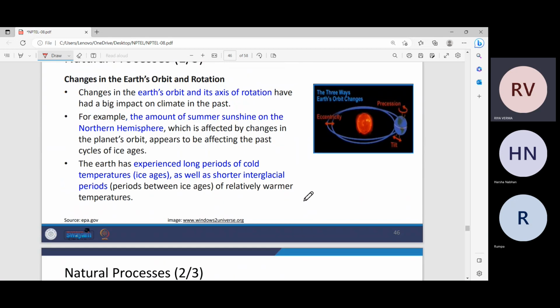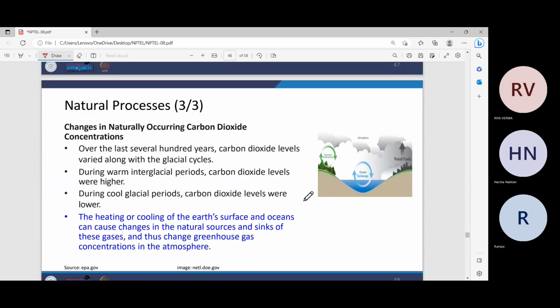On the contrary, consider the changes in the naturally occurring carbon dioxide concentrations over the last several hundred years. Carbon dioxide levels varied along with the glacial cycles. During the warm interglacial periods, these CO2 levels were higher, and during the cool glacial periods, these levels were lower, because CO2 is responsible for trapping of heat.